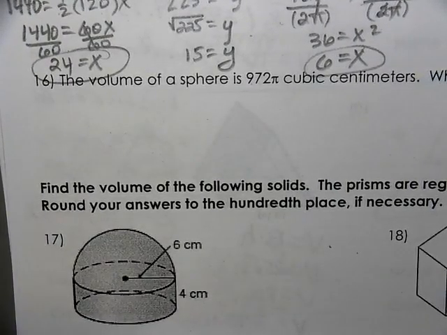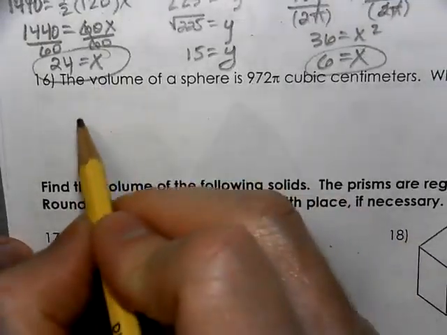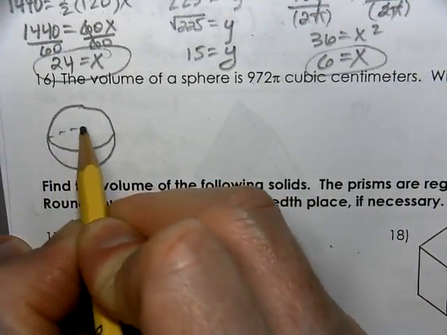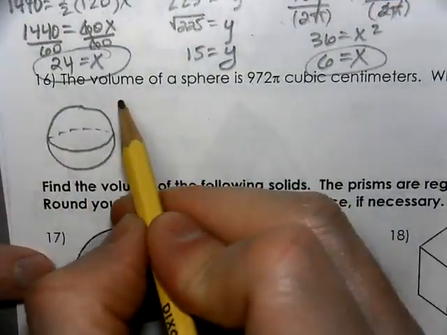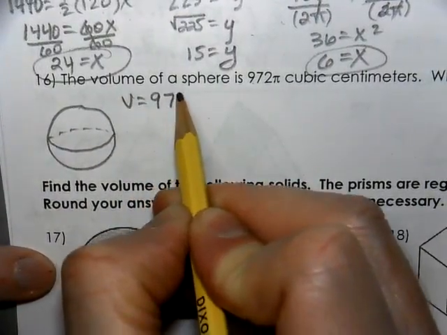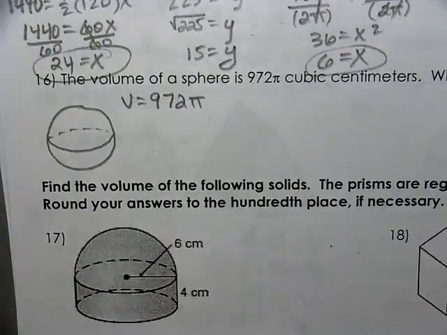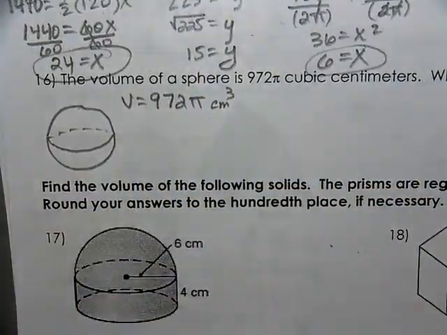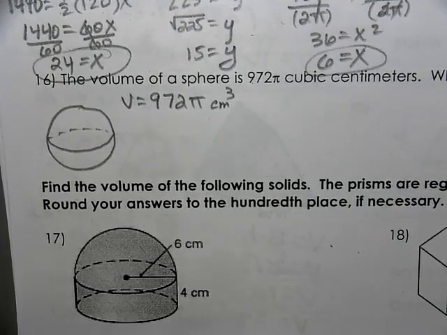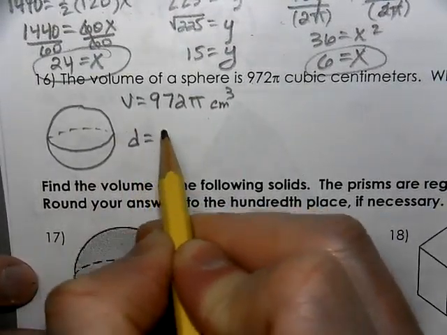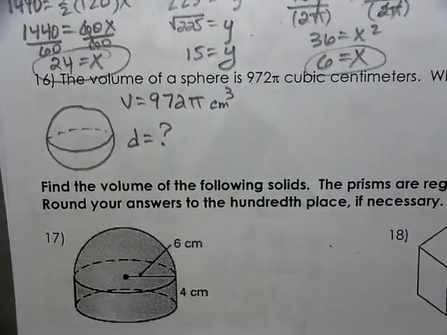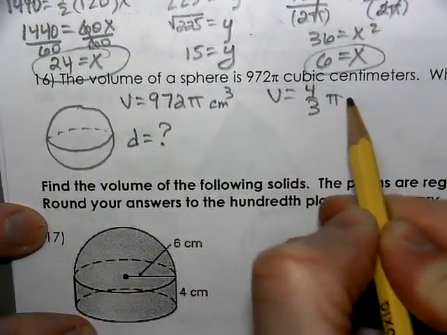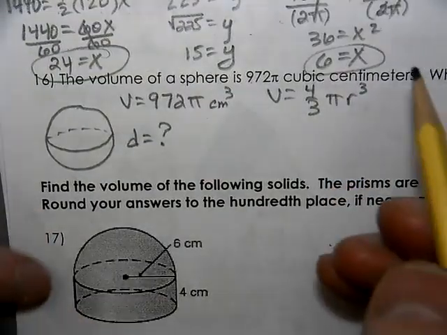Number 60. The volume of a sphere. The volume equals 972 pi. These are centimeters cubed. We're supposed to look for the diameter. Well, I know the formula is 4/3 pi r cubed.